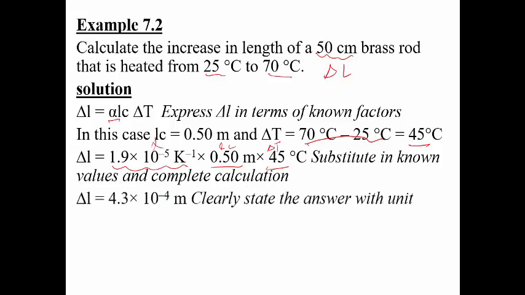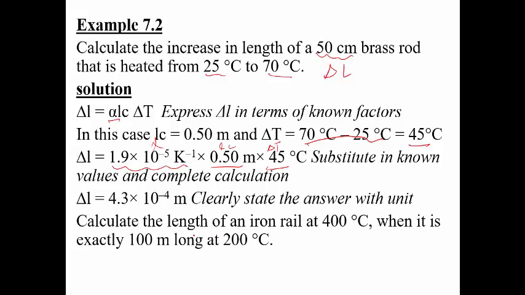When you multiply all this, you get 4.3 times 10 to the power of minus 4 meter. This is the amount the brass expanded because of the change in temperature from 25 to 70 degrees Celsius.